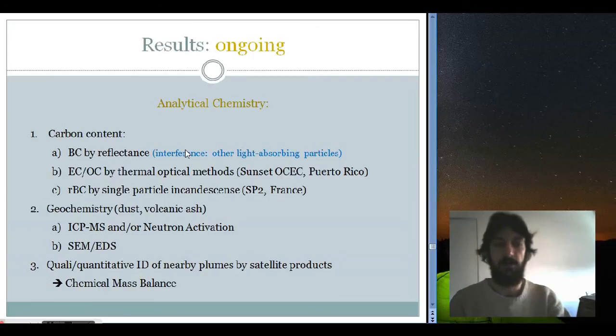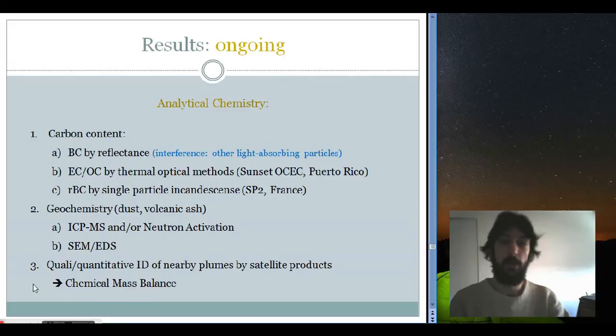We're going to compare different techniques to measure the carbon content, black carbon, organic carbon, etc. There is some controversy on this, therefore the difference in the results of the different techniques. We're going to have to address that controversy. And also we need to measure the geochemistry of the other elements present, mainly to know the amounts of dust and volcanic ash.